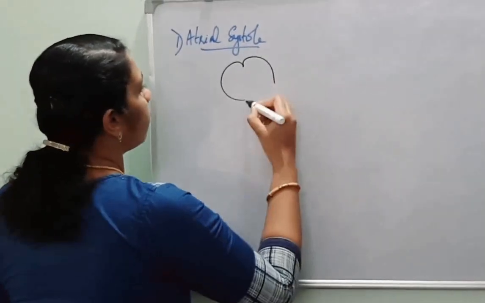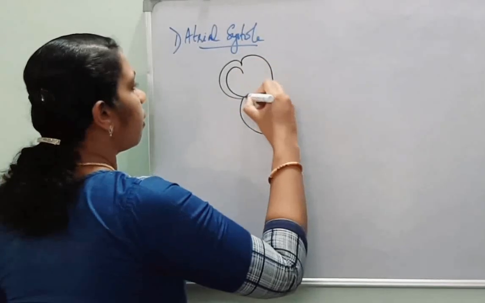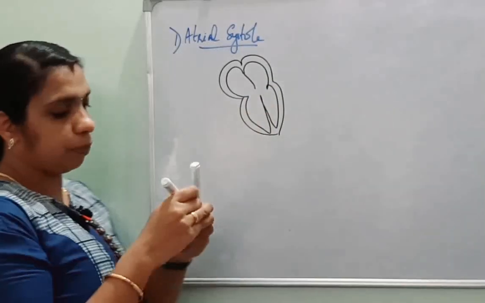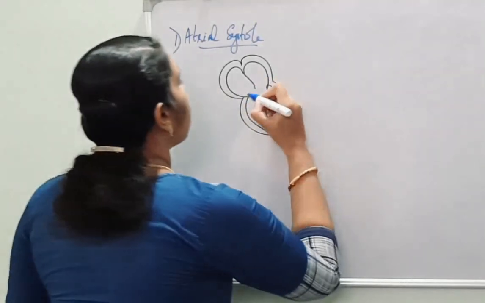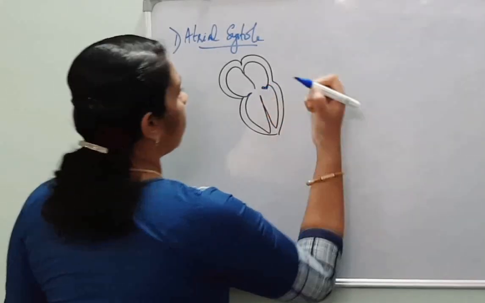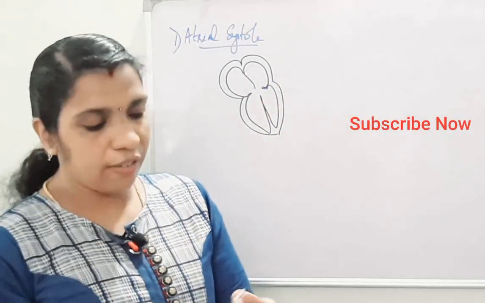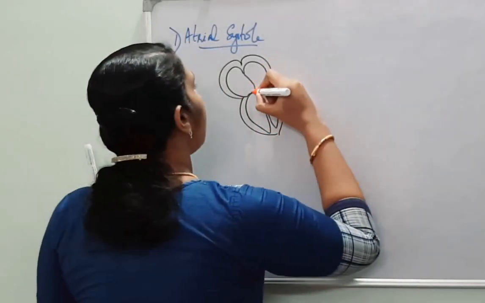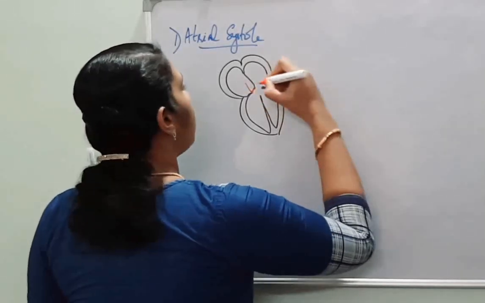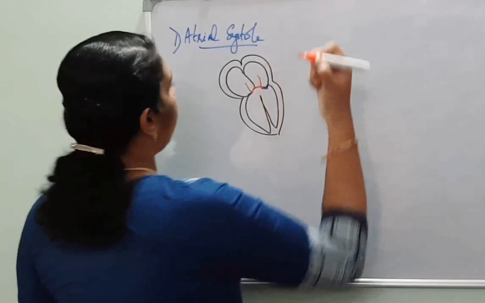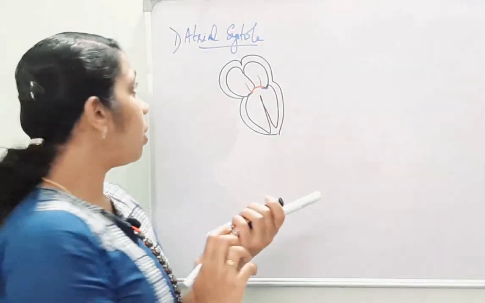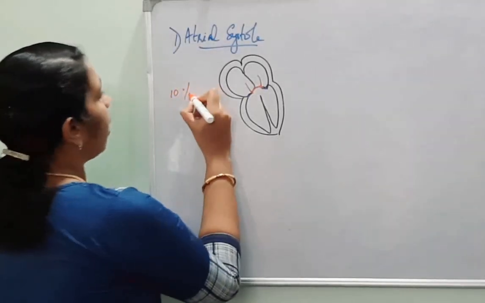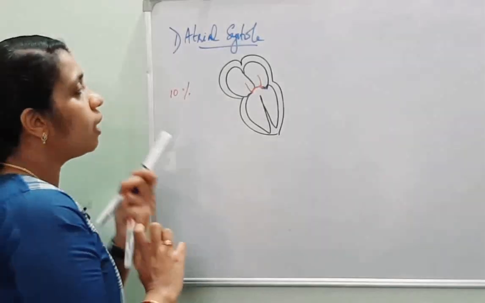suppose this is the heart. This is the atrioventricular valves, and this is the semilunar valves, from which the blood vessels arise. In atrial systole, 10% of the blood from the atrium flows towards the ventricle.